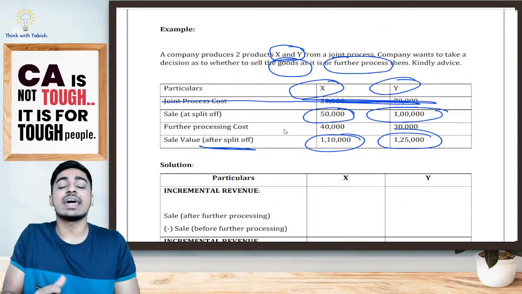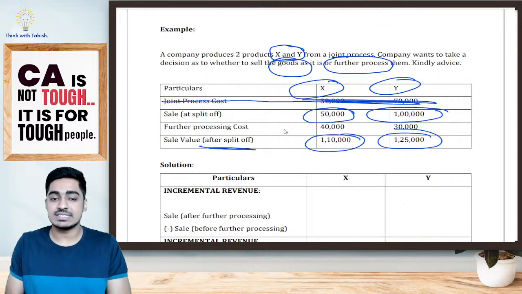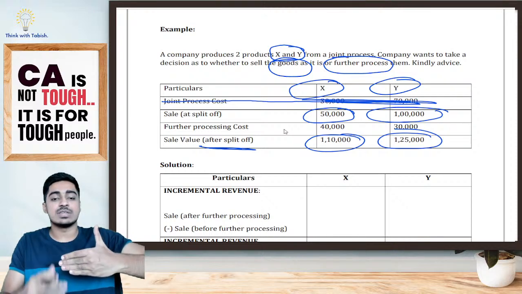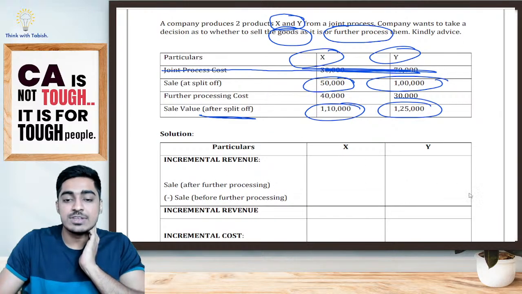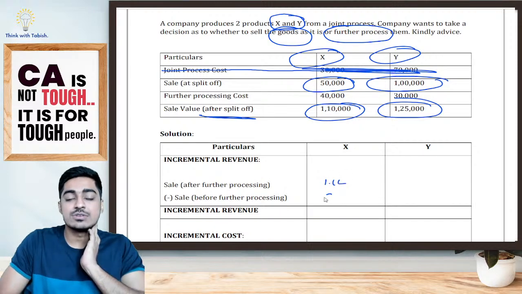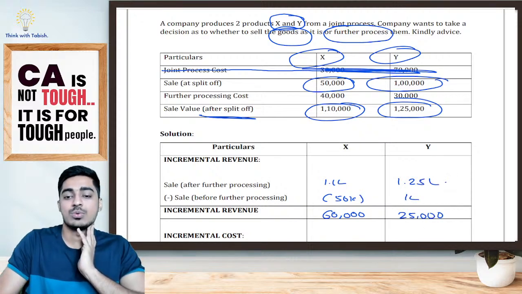So, how much extra revenue will we be getting if we further process? For X, if we sell at split off, we get 50,000. If we further process, we will be getting 1,10,000. So how much extra revenue will we be getting? 1,10,000 minus 50,000, 60,000 for X, and 1,25,000 rupees for Y.